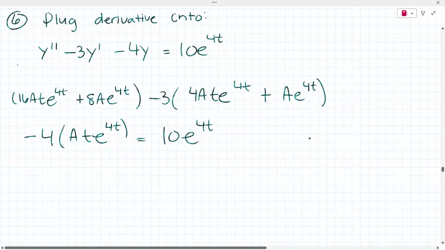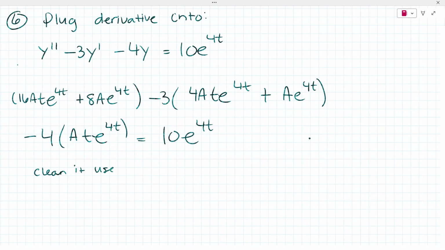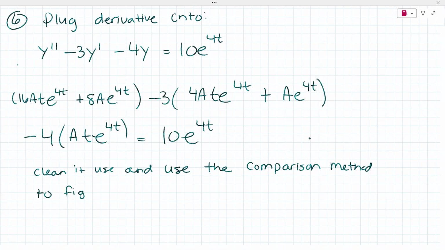Clean it up and use the comparison method to figure out what A equals.